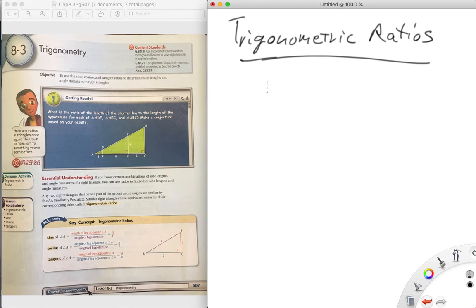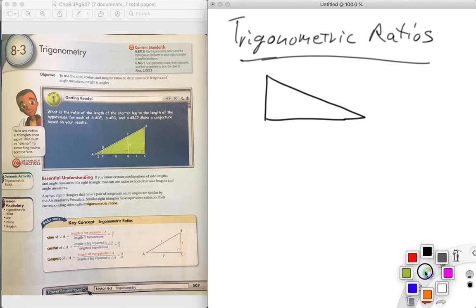Right triangle. Remember, a right triangle is a triangle with a 90-degree angle. The side opposite of the 90-degree angle, we're going to call lowercase c.